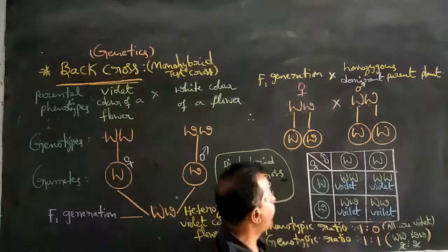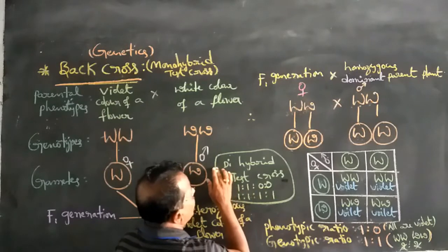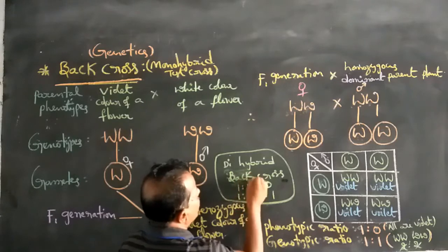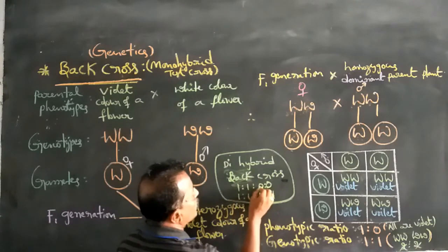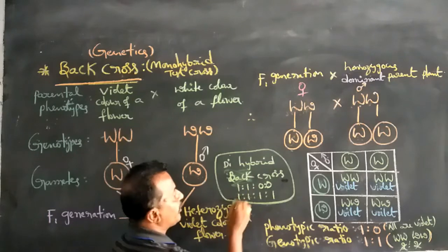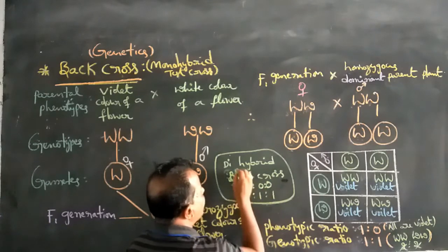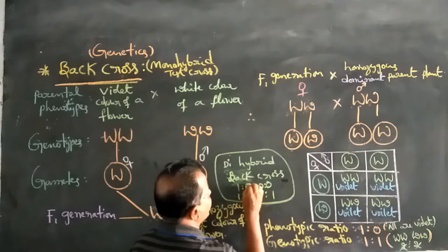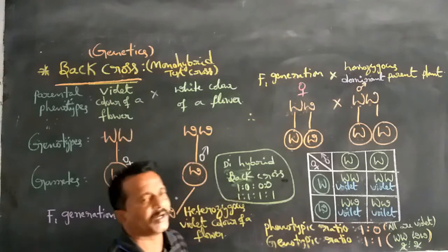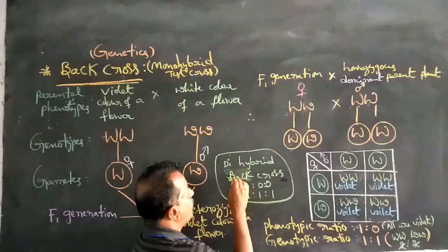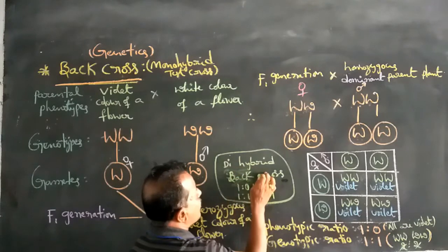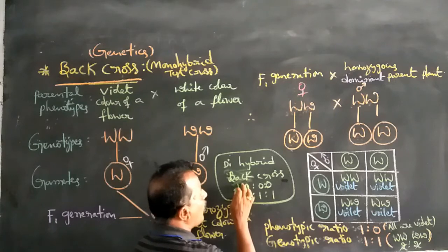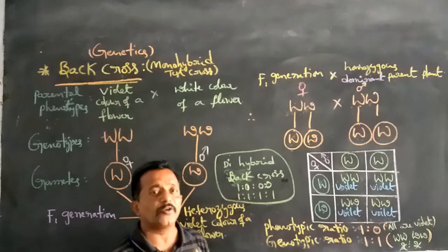Okay, now the next one, the dihybrid back cross. The dihybrid back cross phenotypic ratio is 1:0:0:0, and the genetic ratio is 1:1:1:1. Here in the dihybrid back cross phenotypic ratio, all round yellow seeds will be produced.